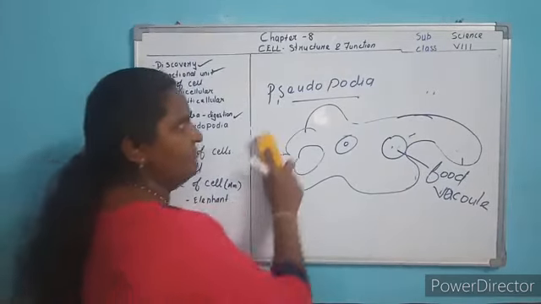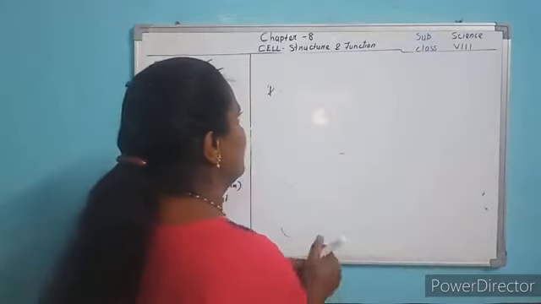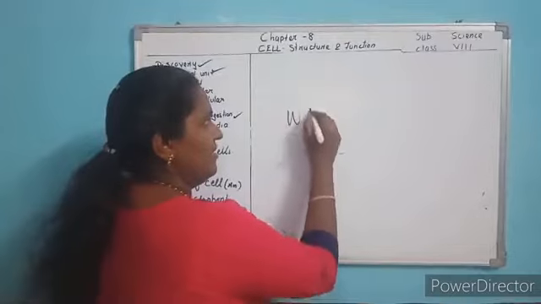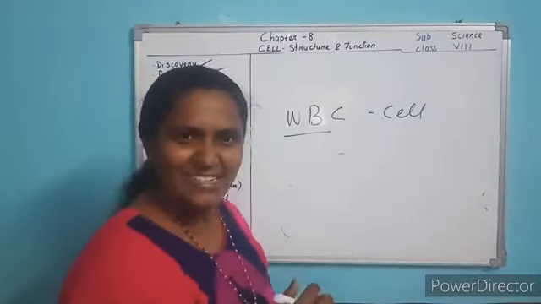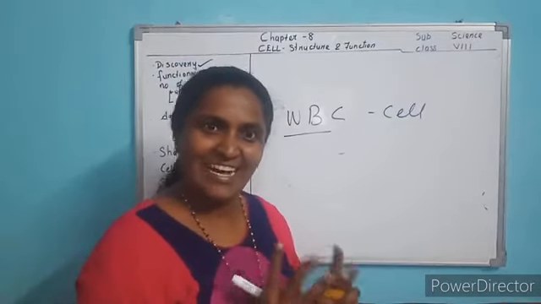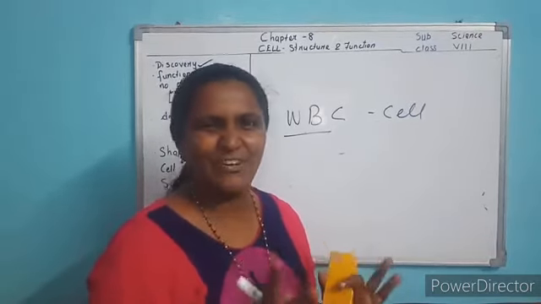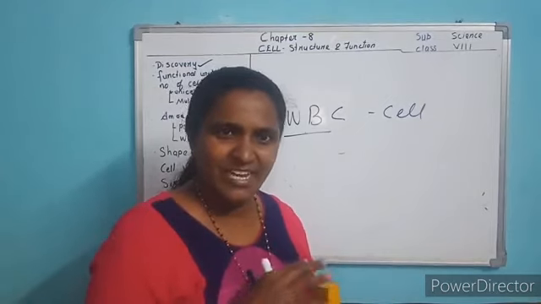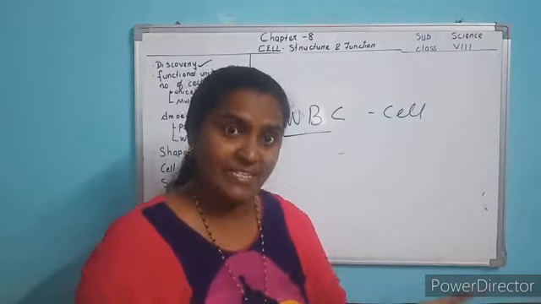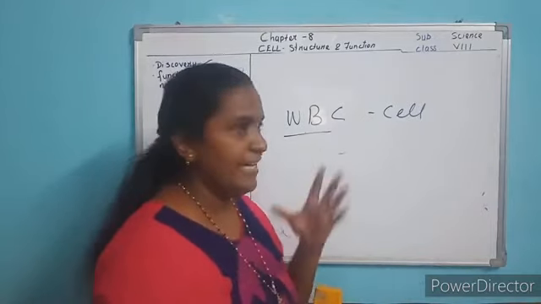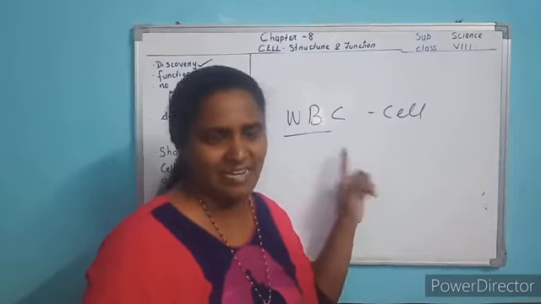In our body, one type of cell acts like an amoeba. That means irregular shape. It changes its shape from time to time. In our body, WBC is a white blood cell.